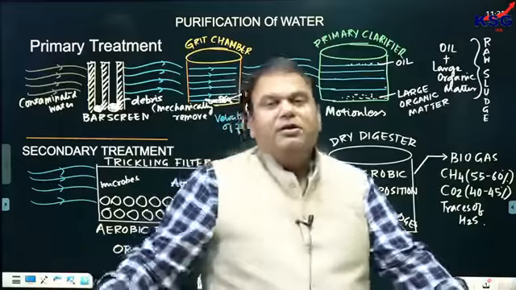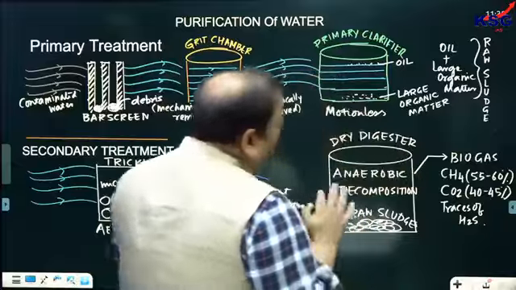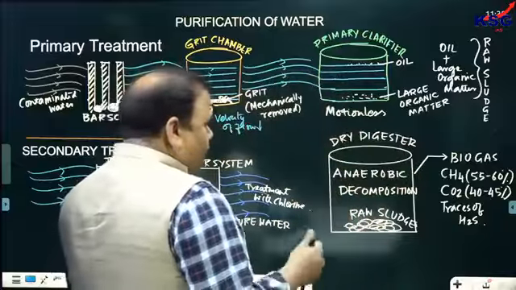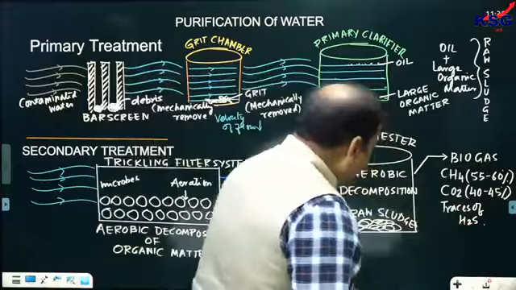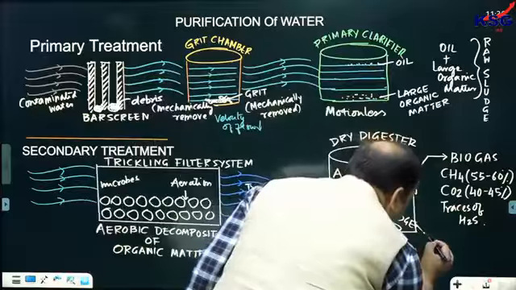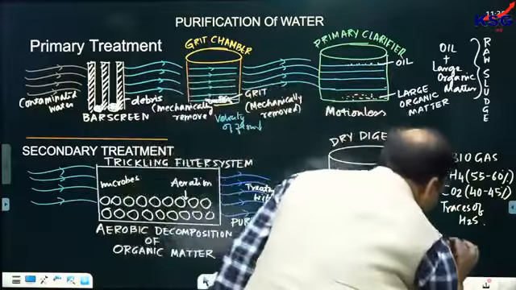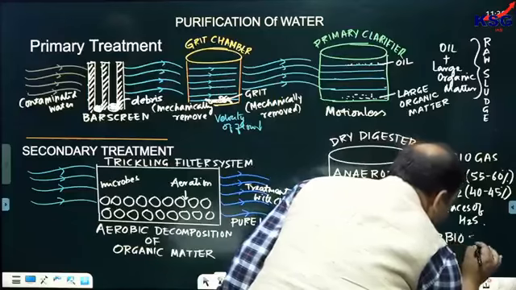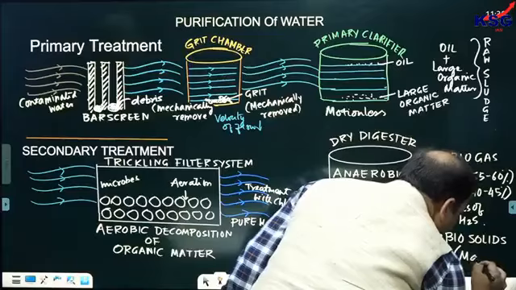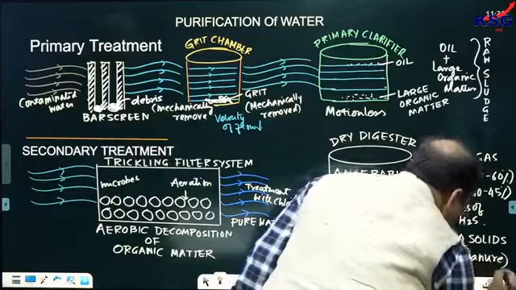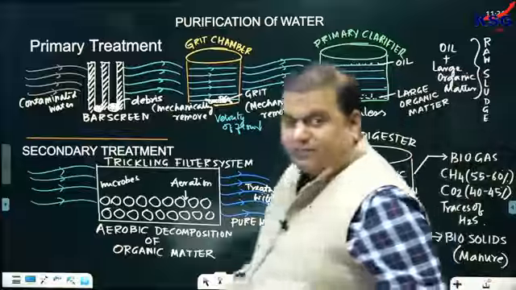So why not establish plants through the dry digester technique in different parts of India, which would utilize this organic waste to generate biogas first of all, and what is remaining inside the dry digester is nothing but biosolids. The biosolids would be used as manure in the field.